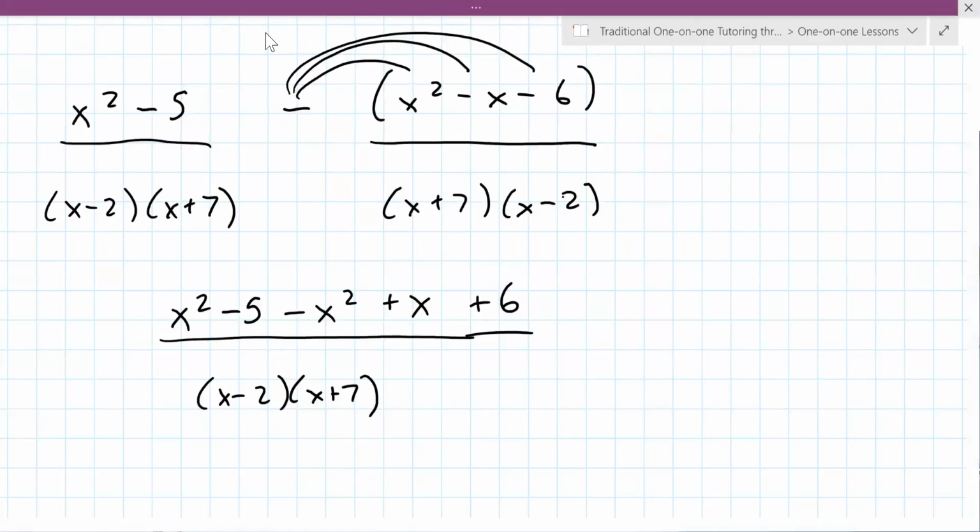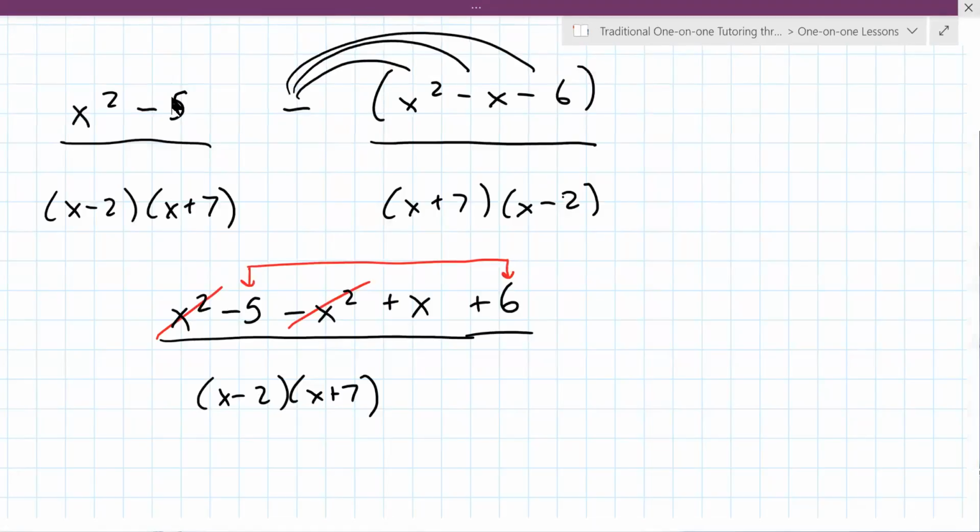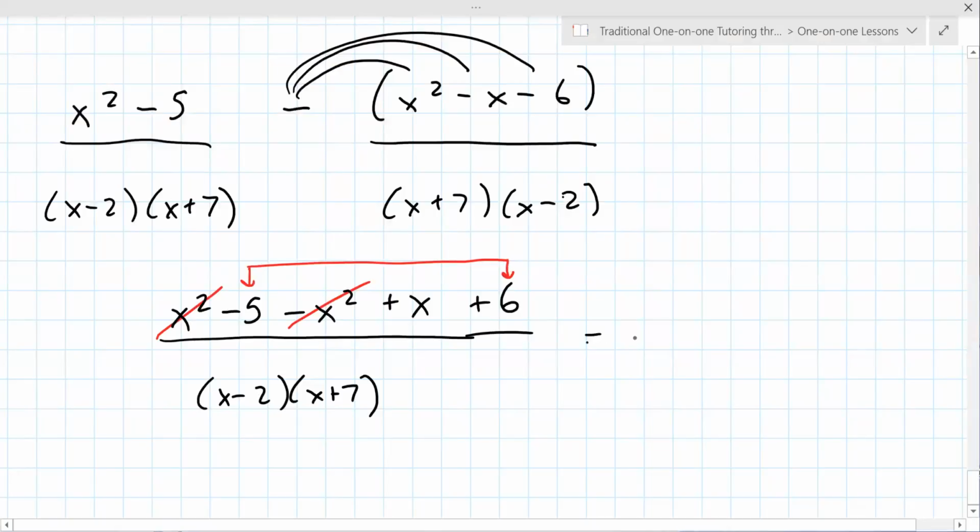Now in the numerator, x squared and minus x squared cancel. Minus 5 and positive 6 combine together. They make plus 1. So this equals x plus 1, x minus 2 over x plus 7. Okay.